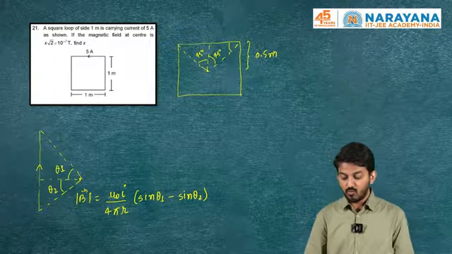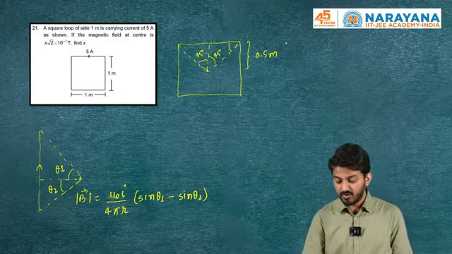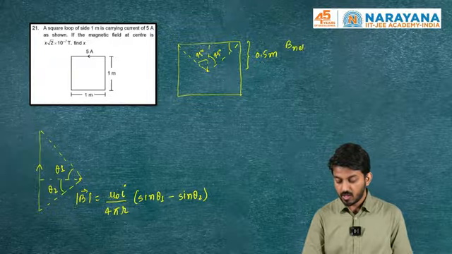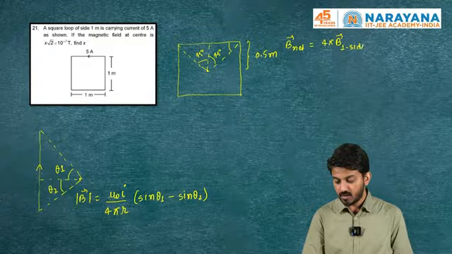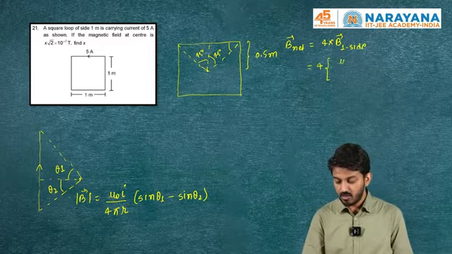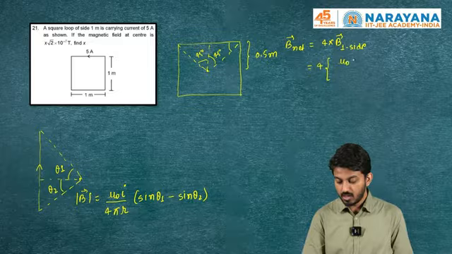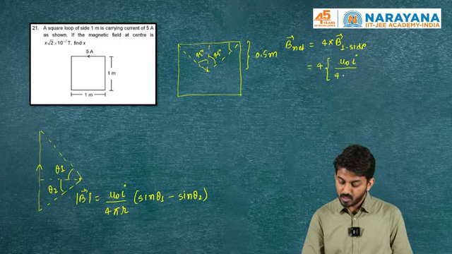Now, the net magnetic field is 4 times the magnetic field because of one side, giving us B times mu naught I divided by 4 pi r.